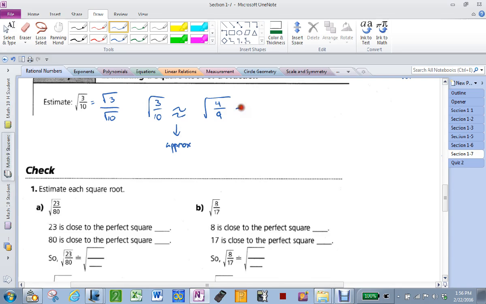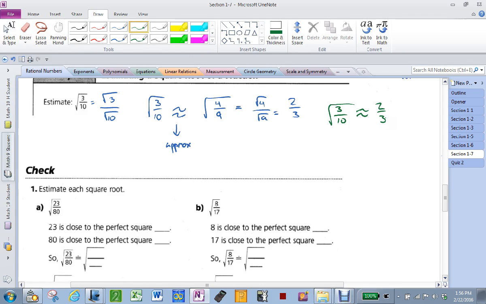What is the square root of 4/9? What's the square root of 4 over the square root of 9? 2/3. So if this square roots to this, and this is approximately this, then doesn't it follow that the square root of 3/10 must be approximately 2/3?